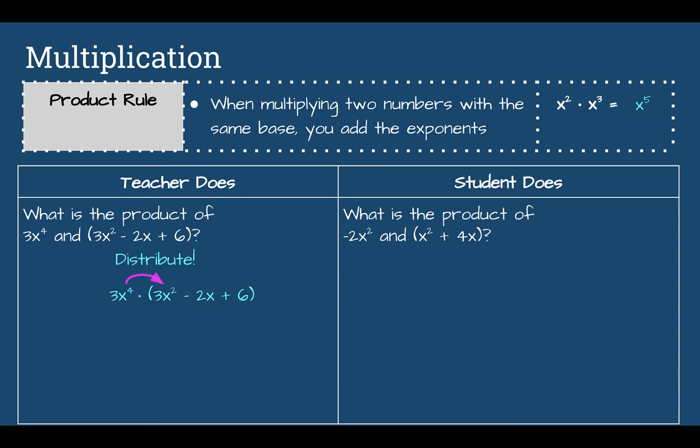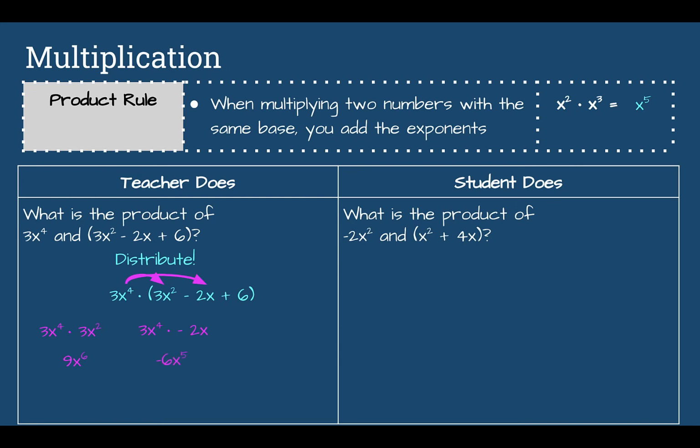We would take that term out front, 3x to the fourth, and multiply it by each term inside. So we're going to do it one by one. 3x to the 4 times 3x to the 2 would be 9x to the 6. Then we would do the outside term with the next one. 3x to the 4 times negative 2x.